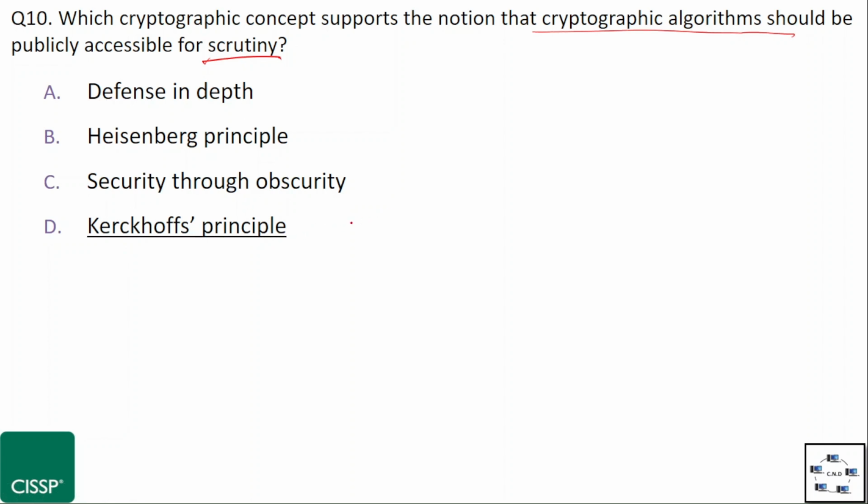And what does this principle say? It says that the cryptographic algorithm, such as AES, should be publicly available for scrutiny so that it can be analyzed for any backdoors, weaknesses and vulnerabilities, including other things such as hardware.